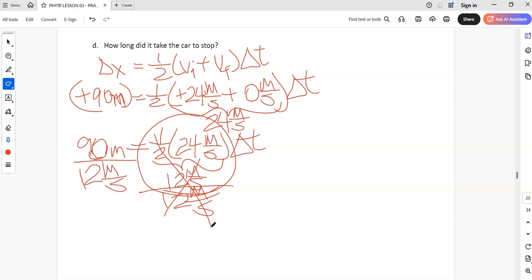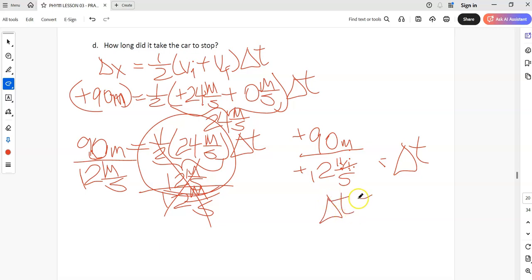And now we're left with delta t equals positive 90 meters over positive 12 meters per second. And that gives us a delta t of 7.5 seconds. That's our answer.